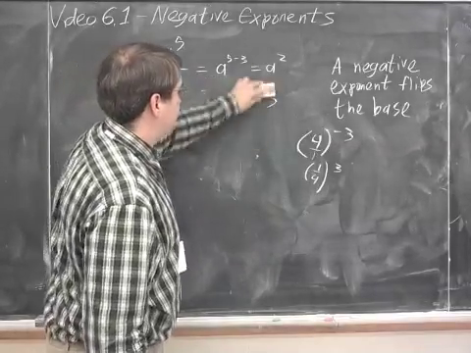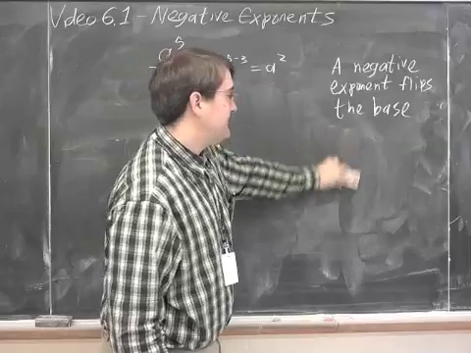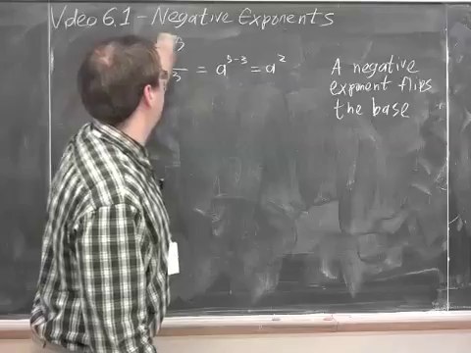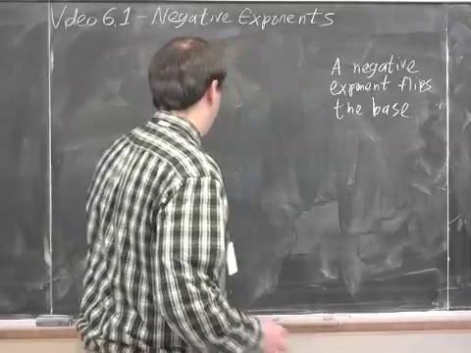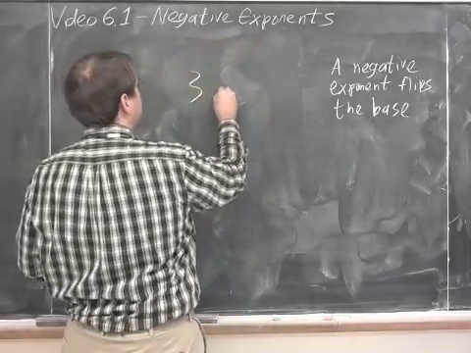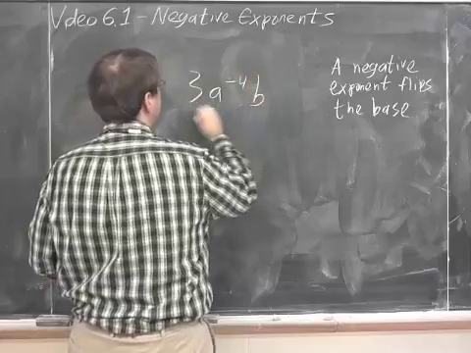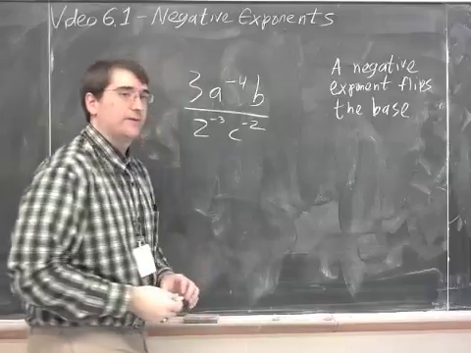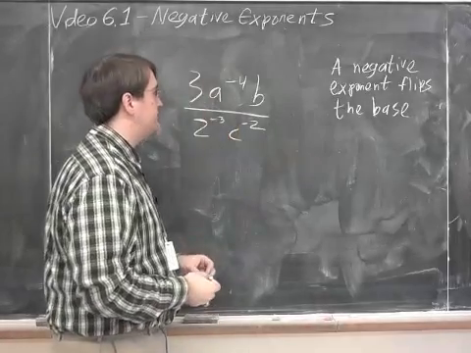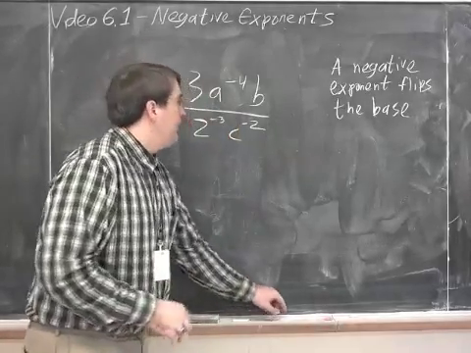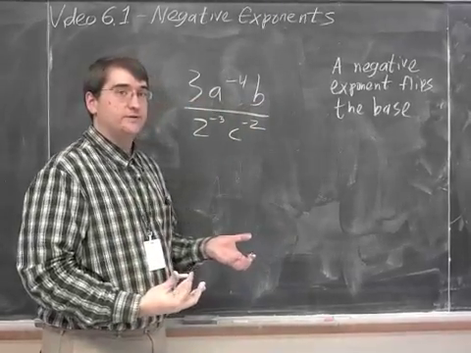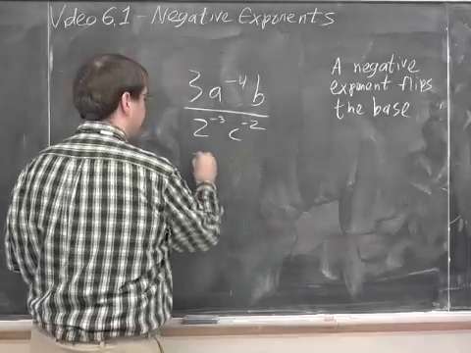Related to this, as another example, but not exactly the same thing, is when the base is already in a fraction. The 3 and the b, they don't have negative exponents. They're not going to go anywhere.